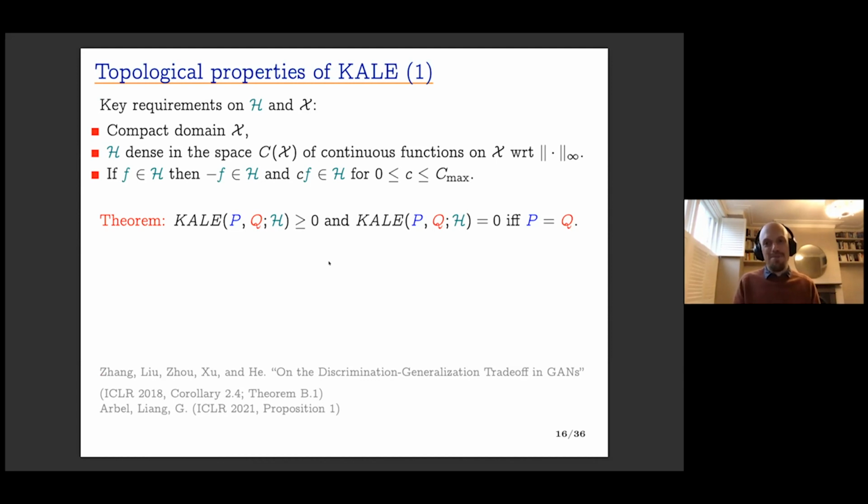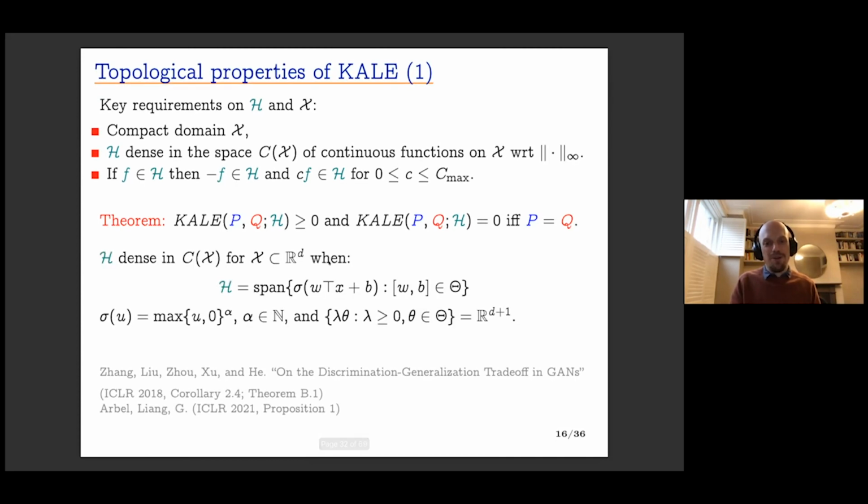So what is an example of a rich enough class of functions? The universal reproducing kernel Hilbert spaces are, by their construction, dense in the space of continuous functions, so these satisfy the requirement. For neural network classes, the span of these ReLU style functions, which are affine transforms of my data, works as long as these transforms are sufficiently rich. Basically, up to scaling, the class of transforms should be able to recover any transform where W and B are in R^d.